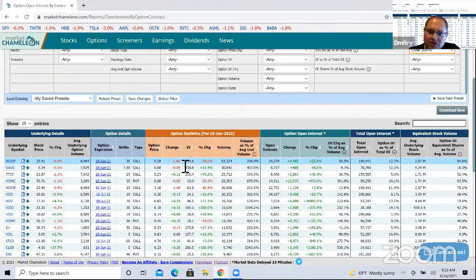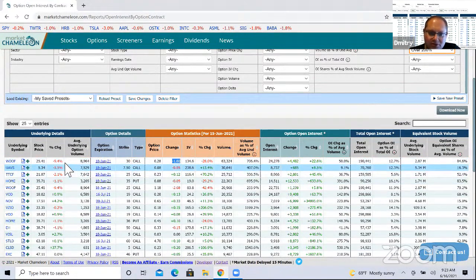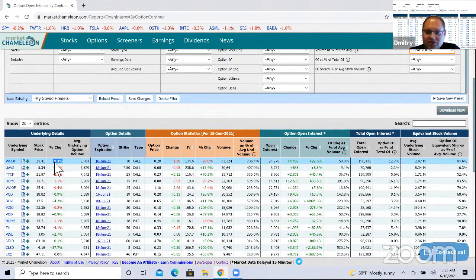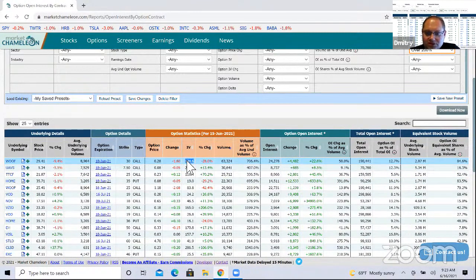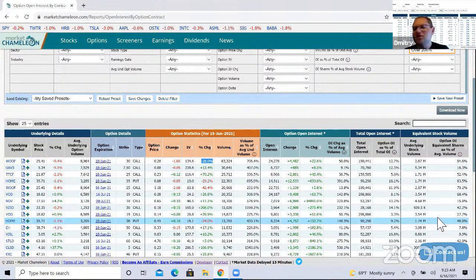So here we see that the price of this option fell by $1.60, but that's not surprising because we see that the stock fell by 9.4%. The implied volatility declined by 28%. So it's still pretty high volatility, but it did decline yesterday, which is indicating that there are potentially more sellers of premium than buyers yesterday, because if implied volatility is falling, then the relative premium is going down.